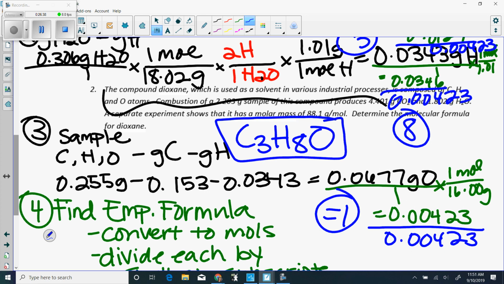I divided them each by the smallest number of moles, so I divided them each by 0.00423. 3, 8, and 1.